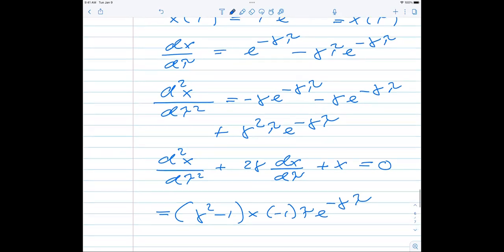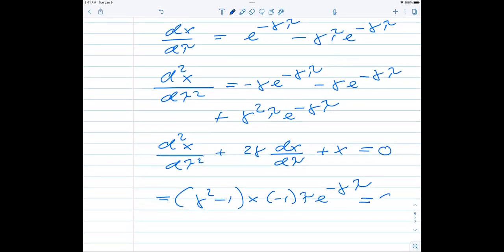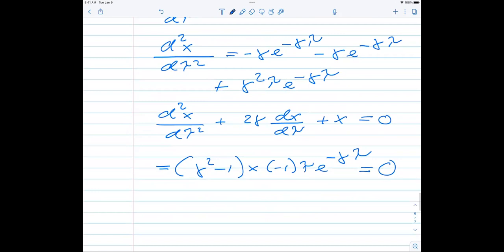And this is again equal to 0. And you see that what follows is that gamma squared has to be equal to 1, which again means that gamma has to be equal to plus or minus 1.